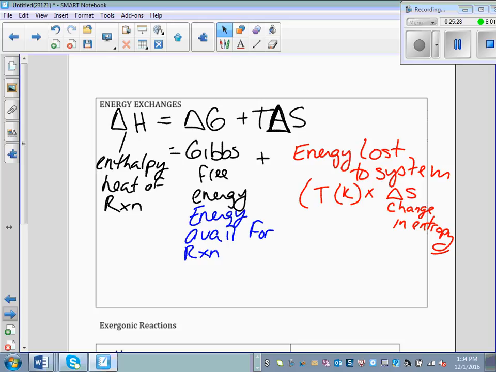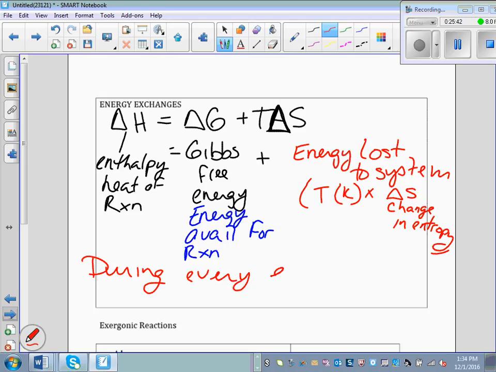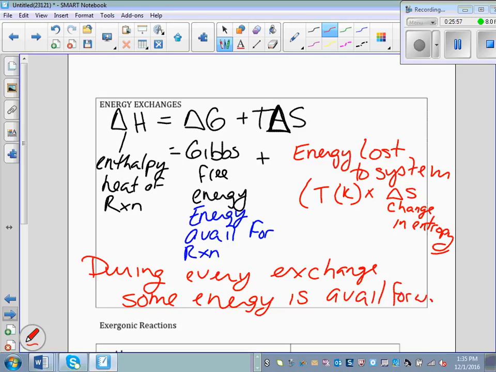So what does this formula mean in English? Because this is all biology here. During every energy exchange, some energy is available for work, and some is lost to the environment.